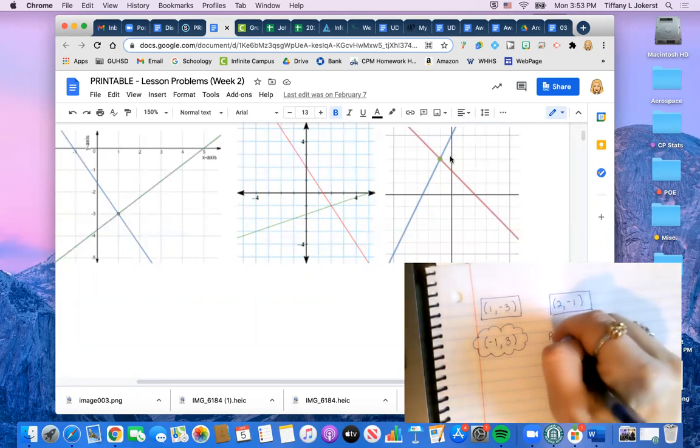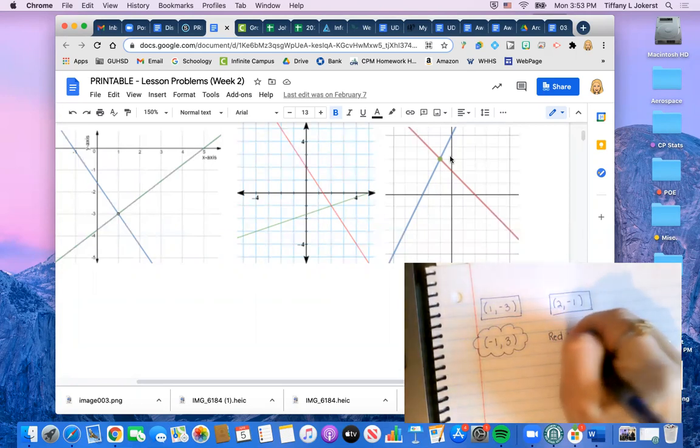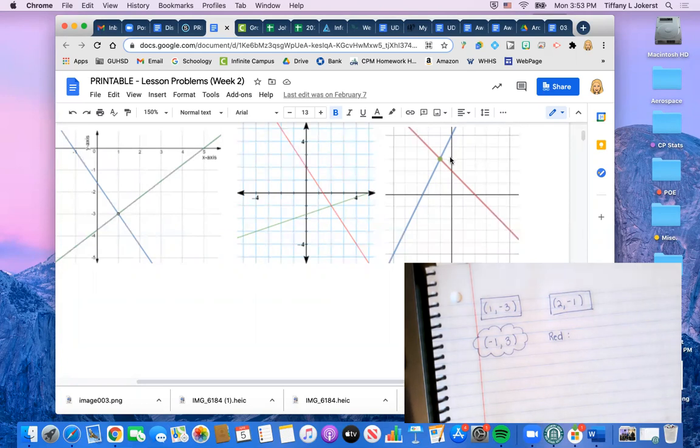So the first thing I'm going to do is look at my red line. My red line has a y-intercept right there, which is at +2. But more importantly, before I do that, I need to figure out what my slope is. Well, from this point to that point, to that point, I'm going down 1 over 1, down 1 over 1, down 1 over 1.